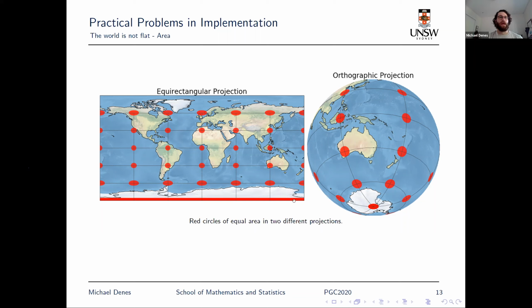It's actually because the lowest point on this projection is a single point on the sphere, so we have this giant rectangle with the same area. On the right, you can see if we use an orthographic projection, those areas are all equivalent. So we need to think of a way of triangulating all of our points so that the areas of those triangles and the distances of the edges of those triangles are not distorted.